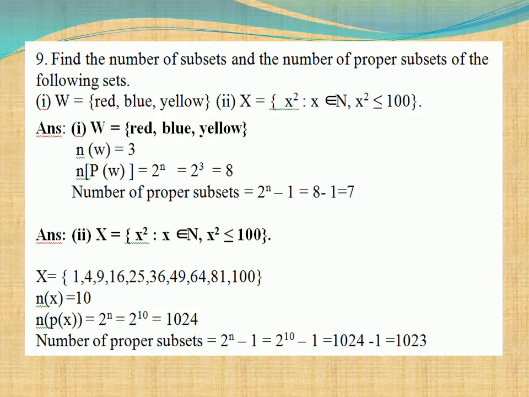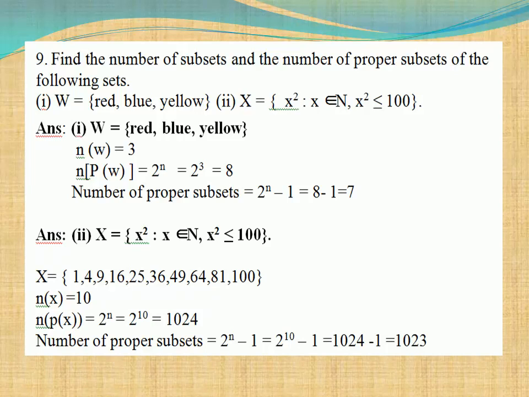So the power set formula: n of P of W is equal to 2 power n, that is 2 power 3, which is equal to 8. Number of proper subsets, what I told you, is 2 power n minus 1. Already we found 2 power n is 8, and 8 minus 1 is 7. This is called the number of proper subsets.